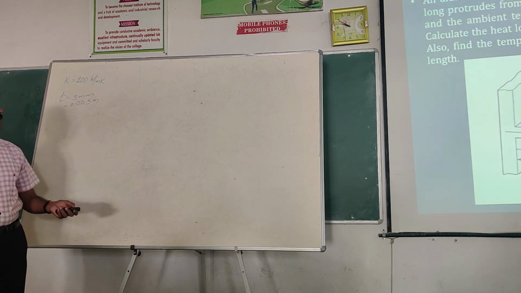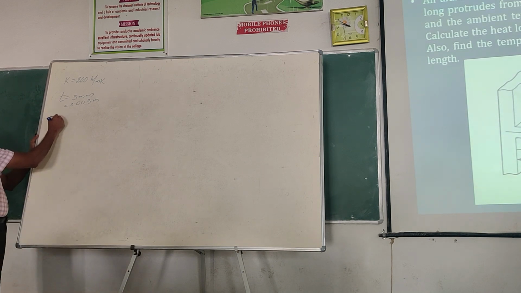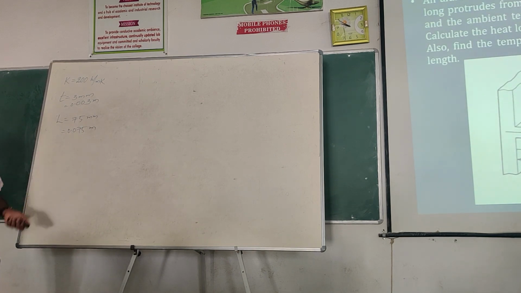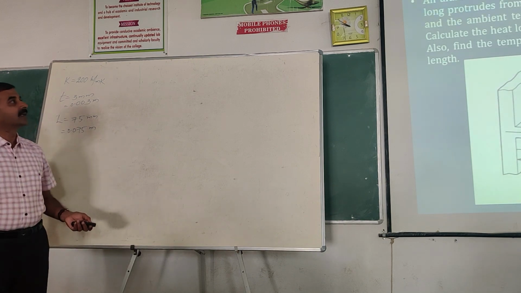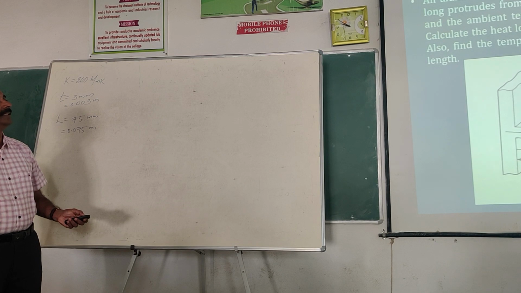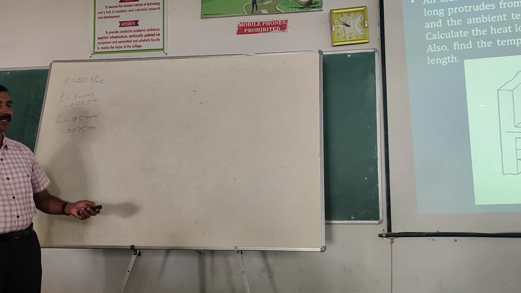And 75 mm long. So L is 75 mm, which is 0.075 meters. The base is maintained at 300. Base of the fin is this, where it is attached to the surface or original body. Tip or end is this, right?